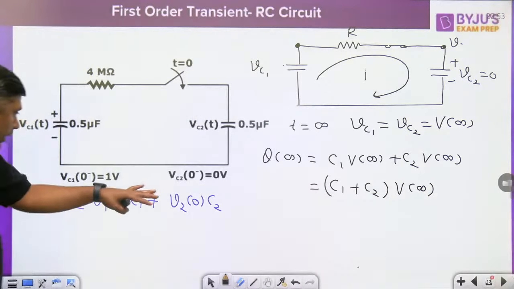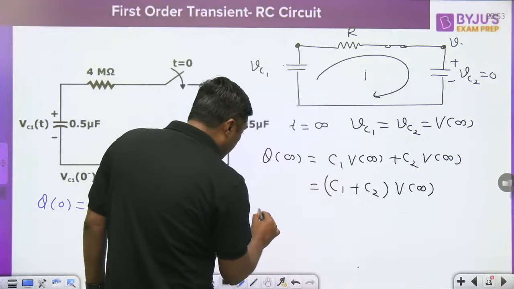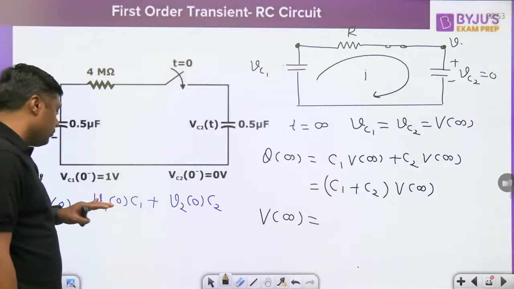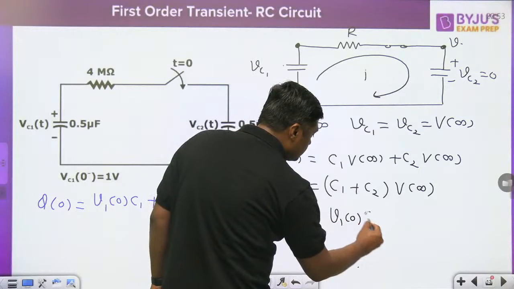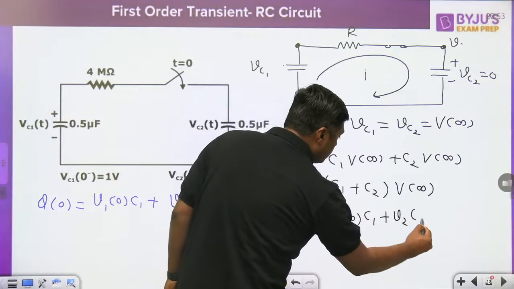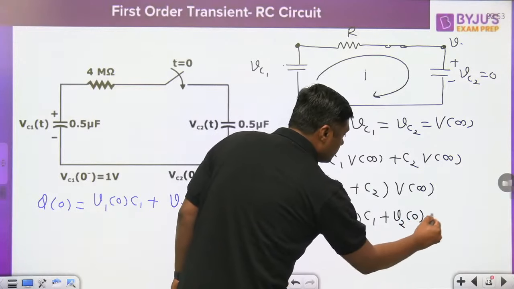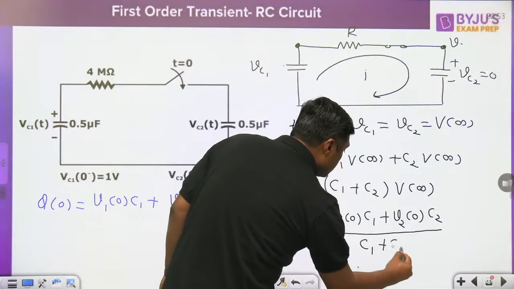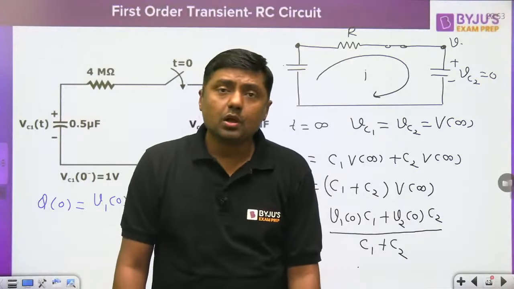Now you can equate these two. When we are equating, V infinity is equal to (V1 C1, that is the initial value, plus V2 C2) upon (C1 plus C2). That is the general formula for this particular question.